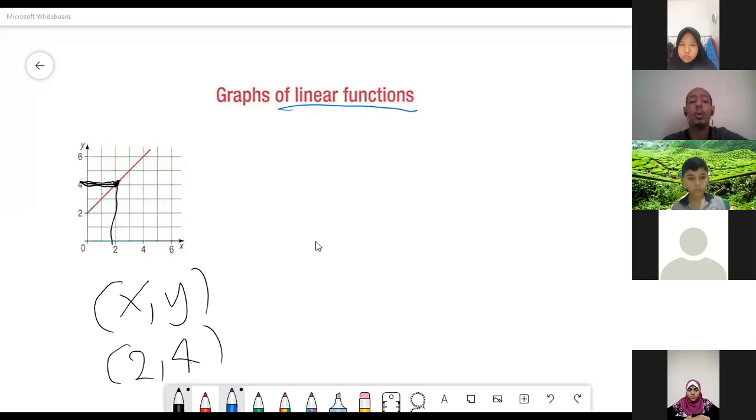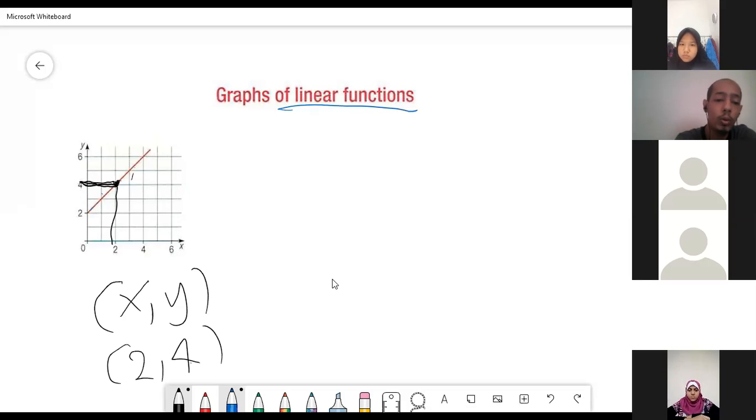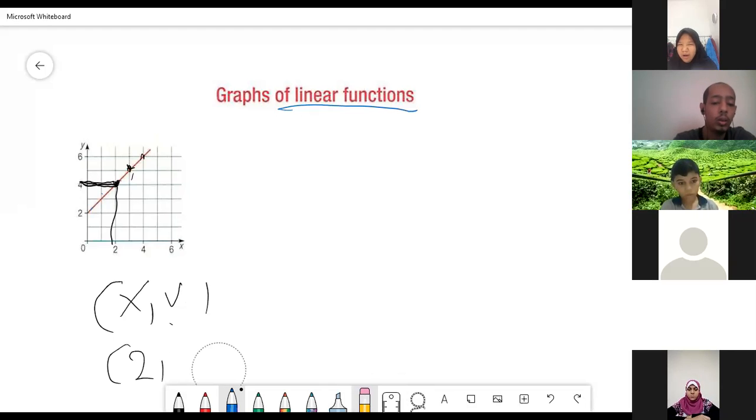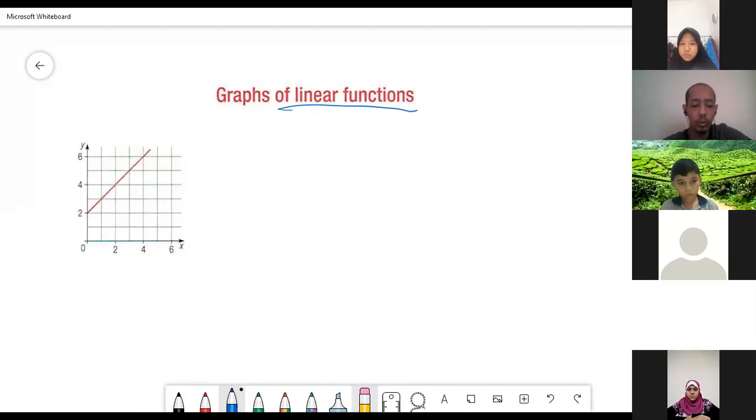So we can represent all the points in this pattern, right? We can say the coordinate for this point is x and y. So all the points have to have coordinates on x and on y. Now, if you look at the first point, where is the first point of the line?